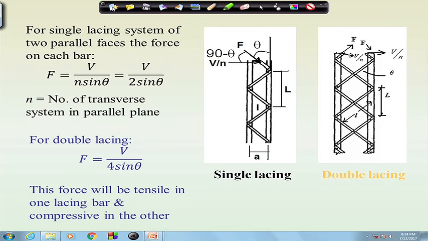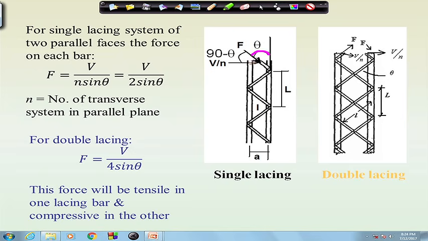Next, if we distribute the load, meaning the force on the lacing, we can see here that for a single lacing system, this is the angle of inclination, which we can consider as theta with the vertical.